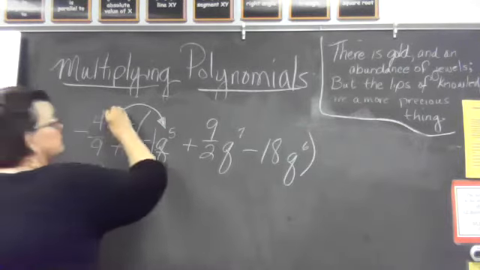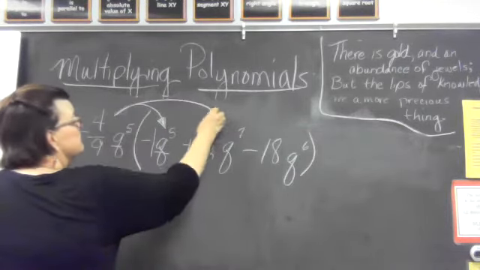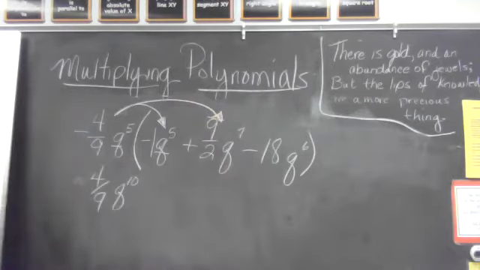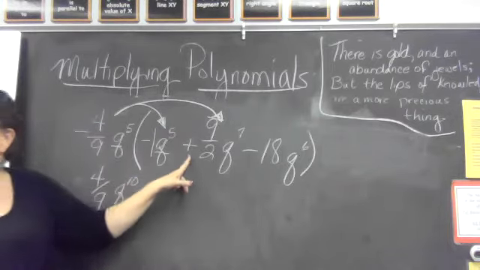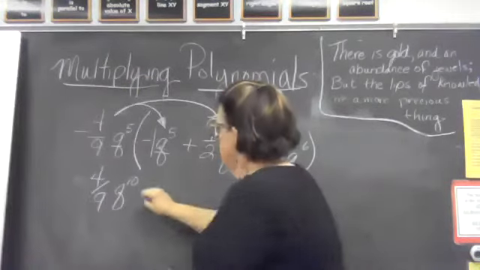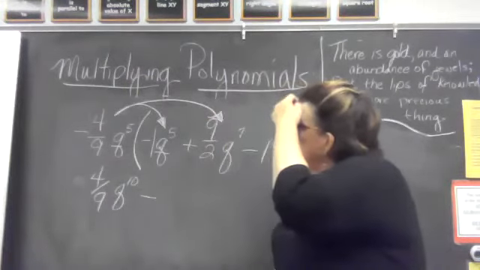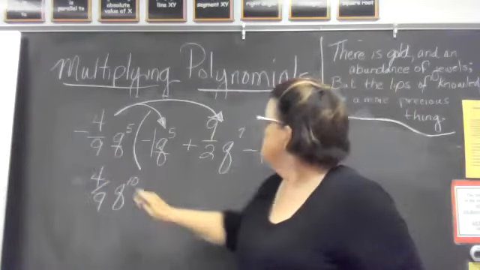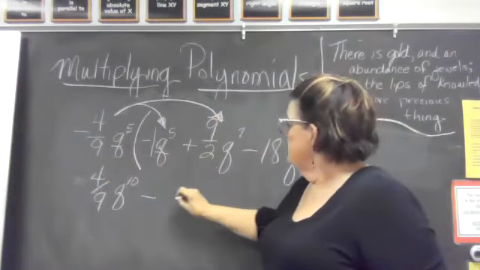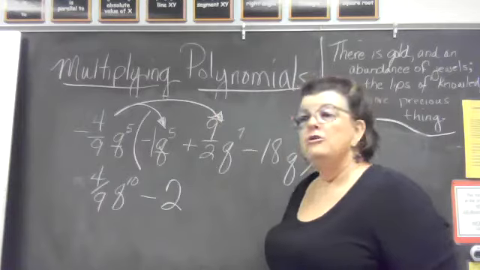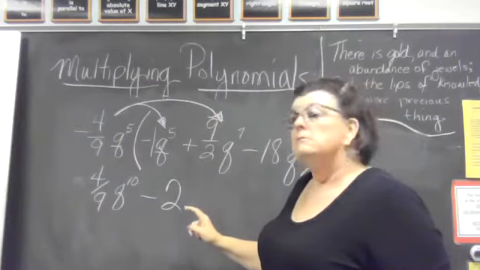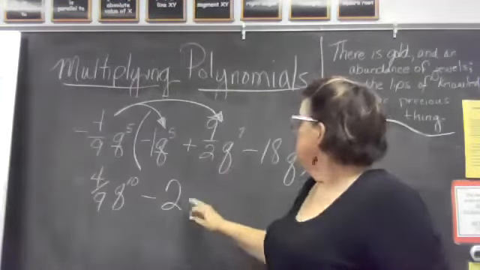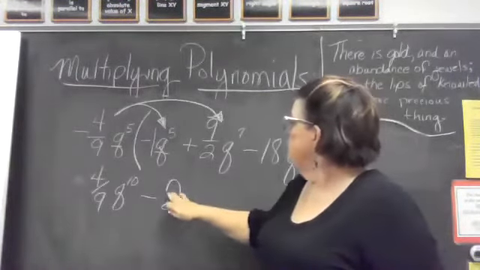Then we go again. This time, it's going to be negative times a positive. Do y'all see it? So it's going to be a negative. And then when I multiply 4/9 times 9/2, y'all can try that in your calculator, but I think it comes out 2. Anybody checking? Yes. Okay, 2.